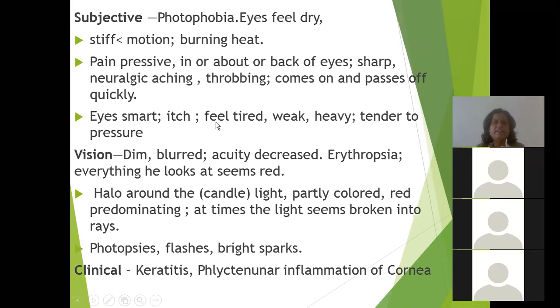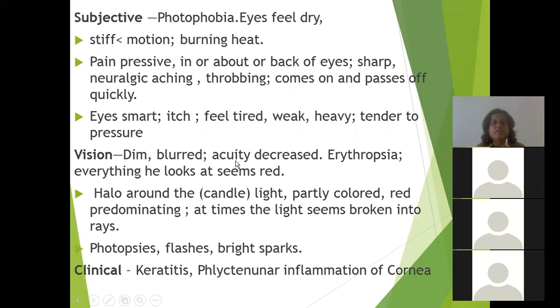Subjectively, the patient feels photophobia, eyes feel dry. Stiffness, aggravation by motion, there is a burning heat, pain or pressure in or about or back of the eyes, sharp, neuralgic, aching, throbbing pain that comes on and passes off quickly. Eyes smart, feel tired, weak, heavy, tender to pressure.